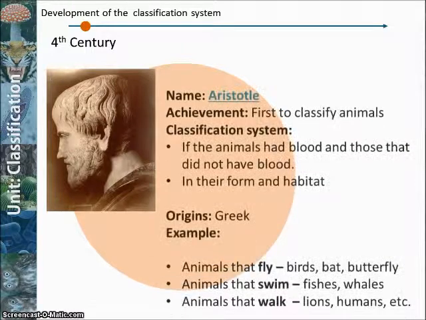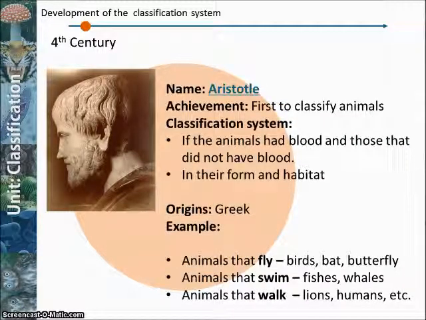He attempted to group animals according to criteria such as if they have blood or not, and their form and habitat. For example, animals that had blood were categorized further on their type of movement. Animals that flew were in one category, animals that swam were in the second, and animals that walked were the third category.